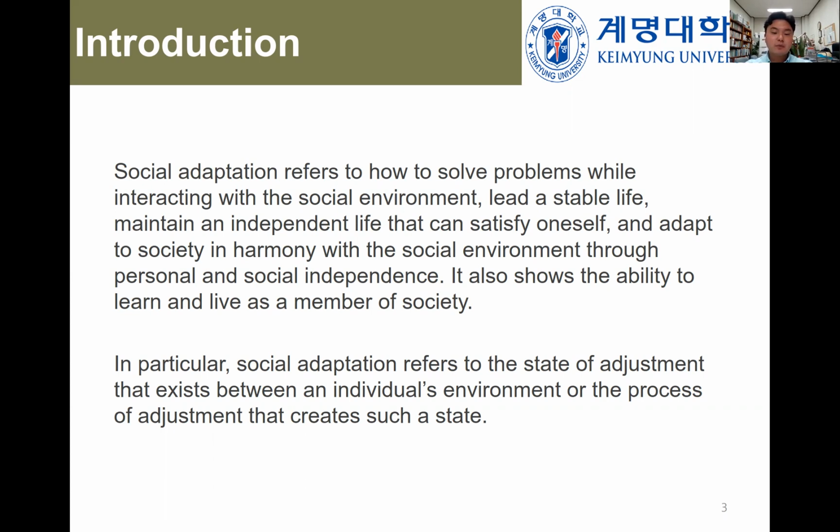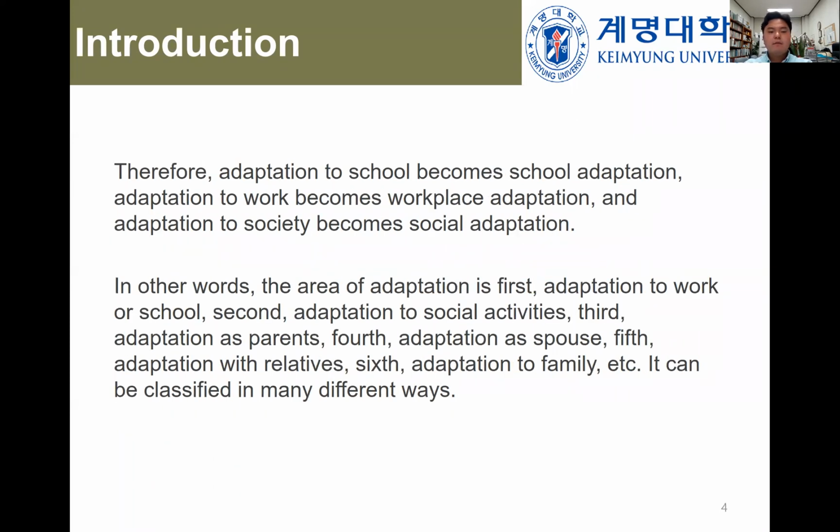In particular, social adaptation refers to the state of adjustment that exists between an individual's environment, or the process of adjustment that creates such a state. Therefore, adaptation to school becomes school adaptation. Adaptation to work becomes workplace adaptation, and adaptation to society becomes social adaptation.